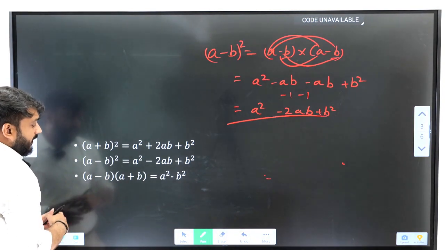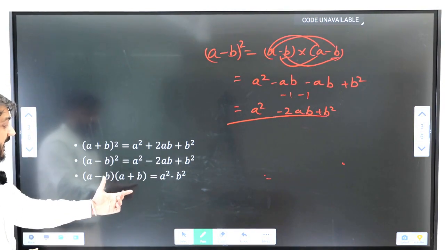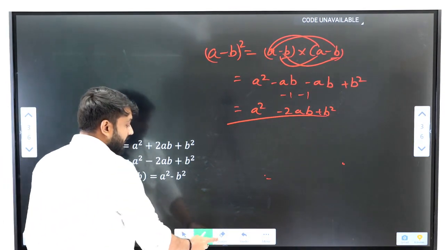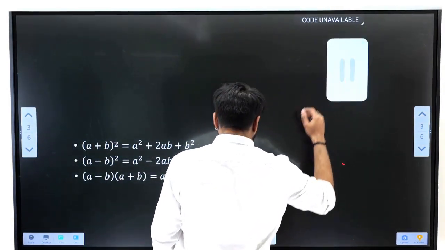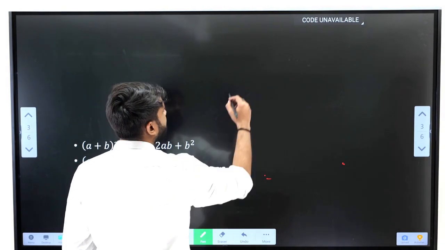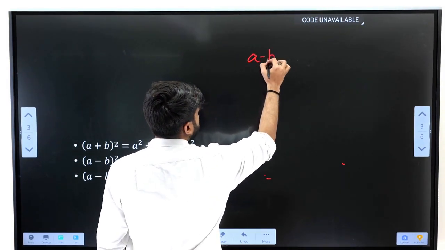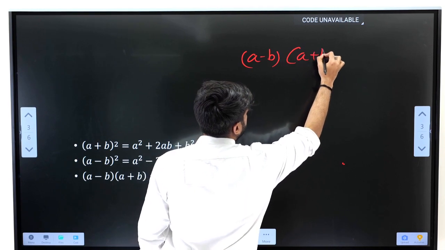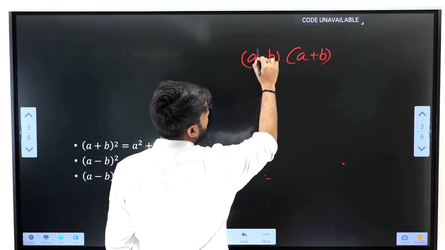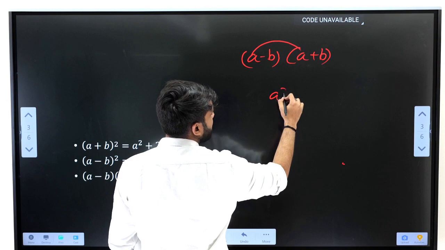Now what if we had two different brackets, (a minus b) into (a plus b), wherein the numbers are the same but their signs keep on changing? Let's try this one. (A minus b) into (a plus b). Rules again remain the same. A into a gives us a square.